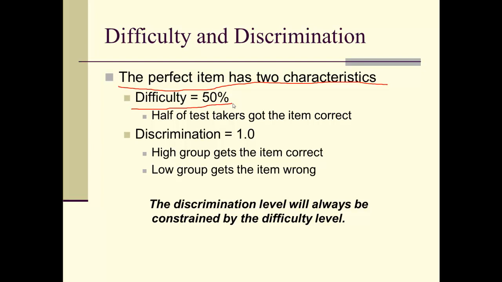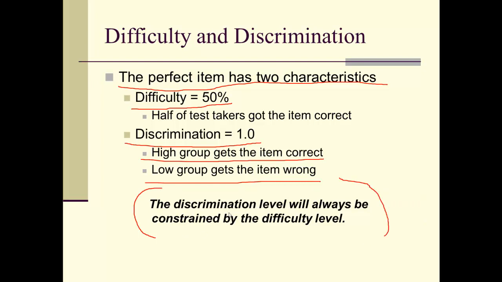So getting back to our example of the 20-point test, if 20 people take the test, then 10 of them get it right, 10 of them get it wrong. And that would be a discrimination of 1. The high group gets the item correct, the low group gets the item wrong, consistently. But remember this, the discrimination level will always be constrained by the difficulty level.